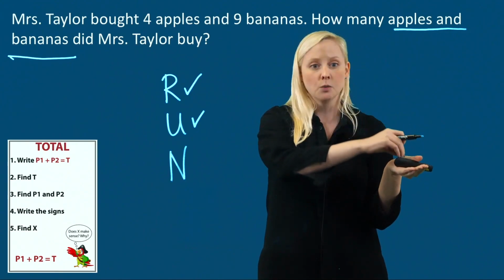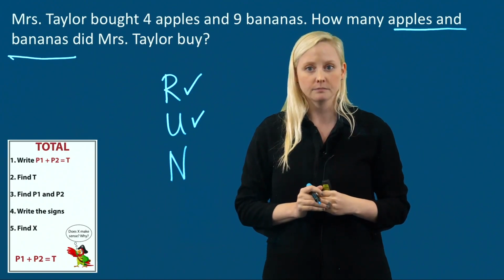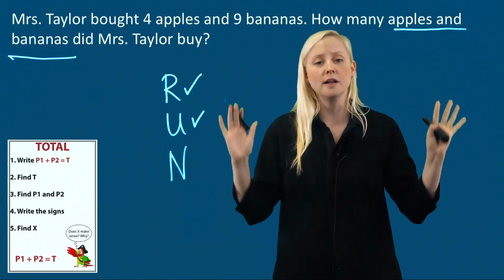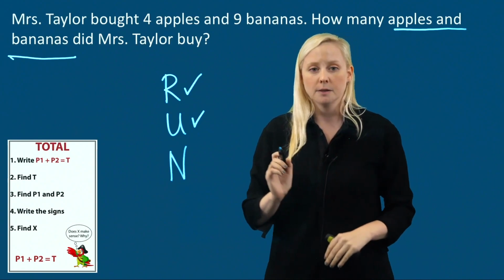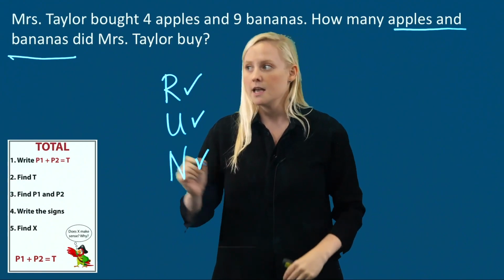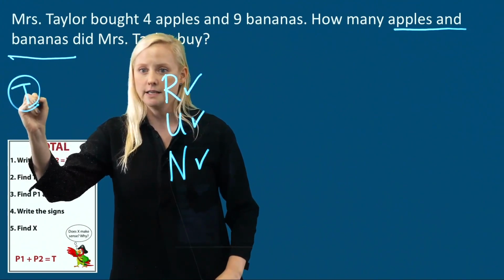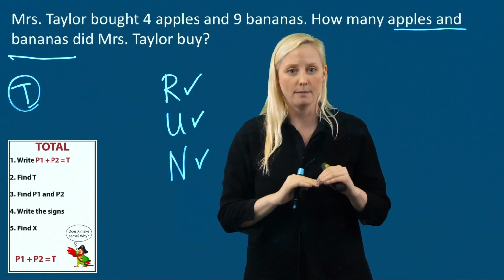Or do we have groups with an equal number in each group, as in an equal groups problem? Here, I have apples and I have bananas, and I know I'm putting those 2 things together. So I know this is a total problem. So I'm going to cross off the N, and I'm going to put over here in the corner a T. That T is going to remind me that I'm using the total problem steps.